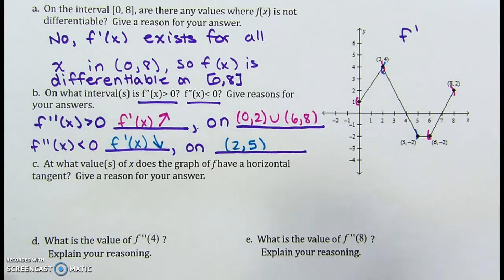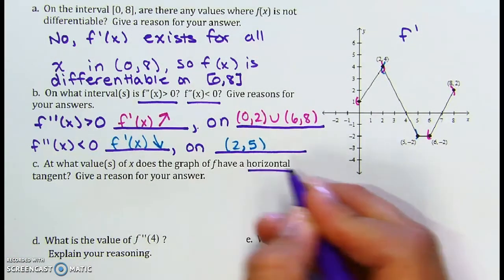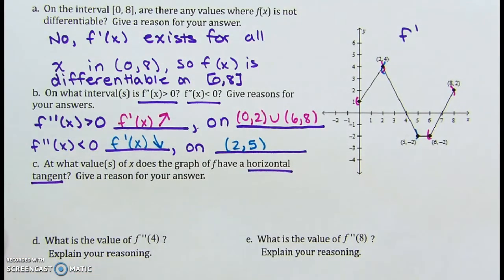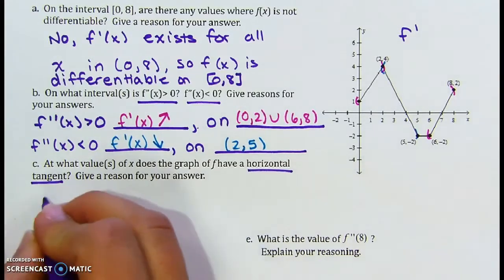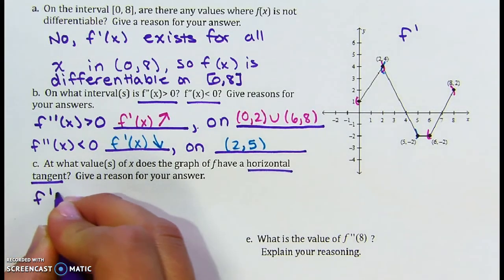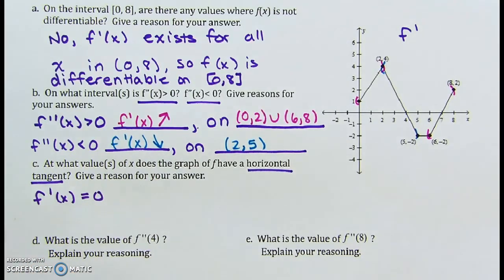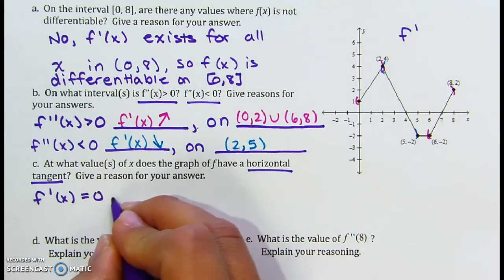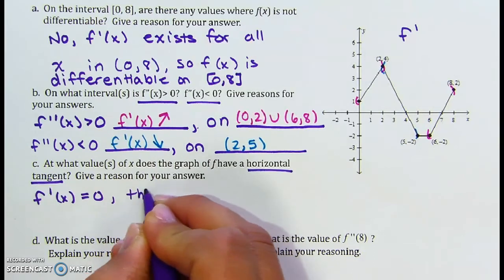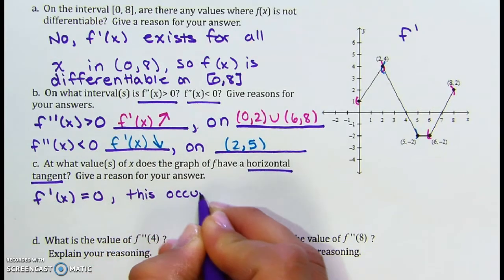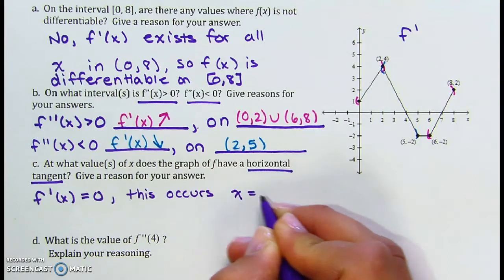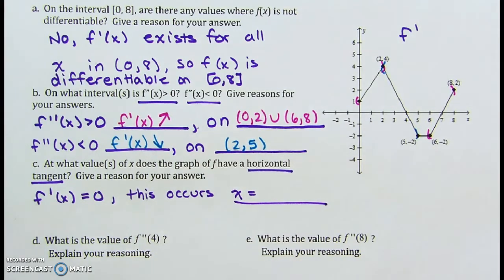This test, you're going to see the phrase horizontal tangent line more than any other test. So you need to know what that means. Horizontal tangent line means what fact? The derivative equals 0. Okay? This occurs at x equals what?